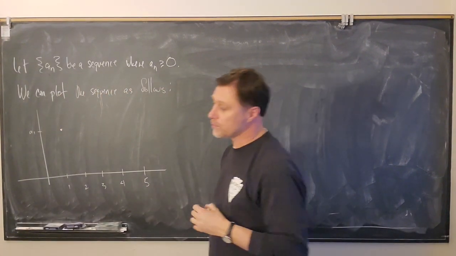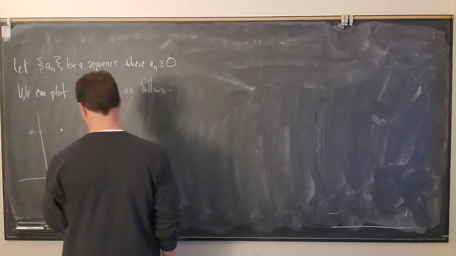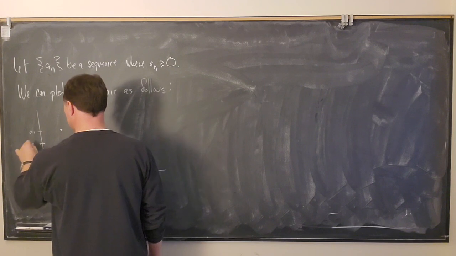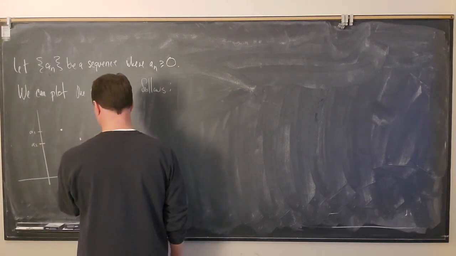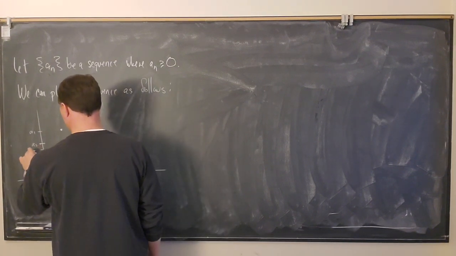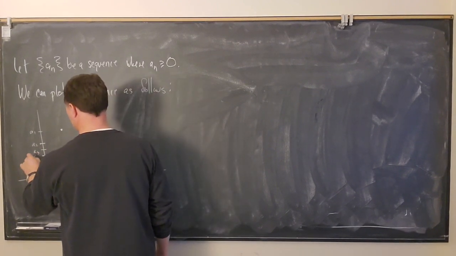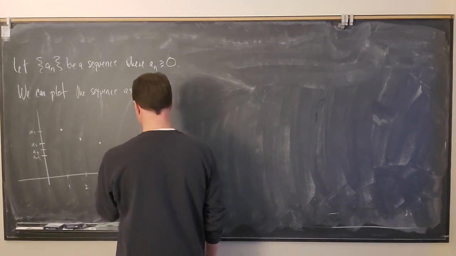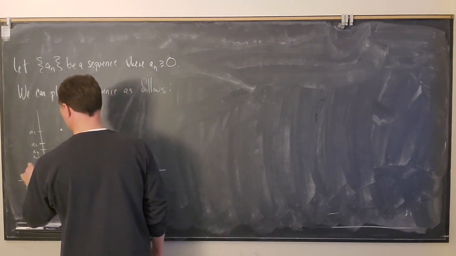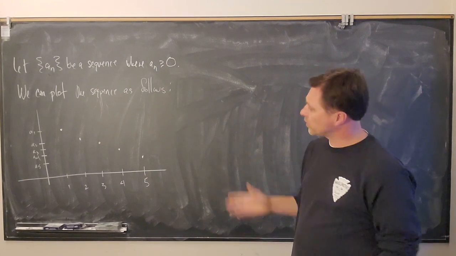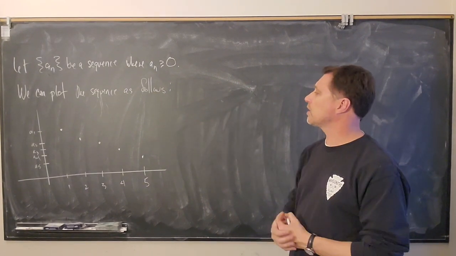And then for a sub 2, go up to height a2 and put a dot. Do the same thing for a sub 3, a sub 4, a sub 5, and in general you can do this as far out as you like. Okay, so here's a picture of our sequence.